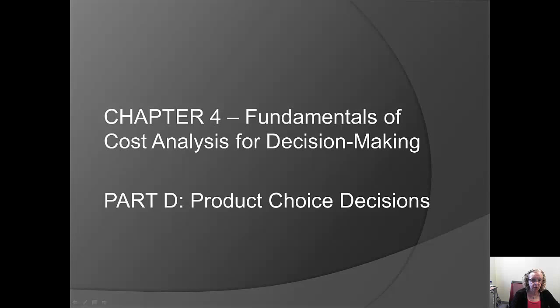We will be taking a look at what are called product choice decisions or constrained resource decisions. Here's the situation. Every firm would like to make and sell as many of its products as possible, but all firms have limitations on how much they can make and sell.